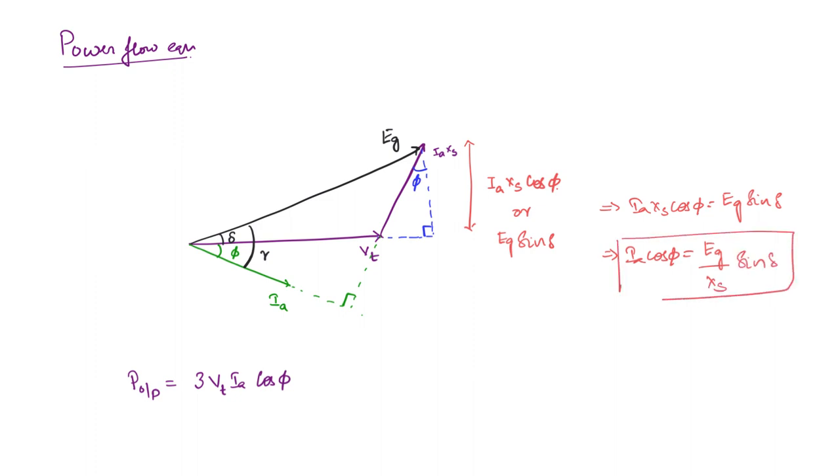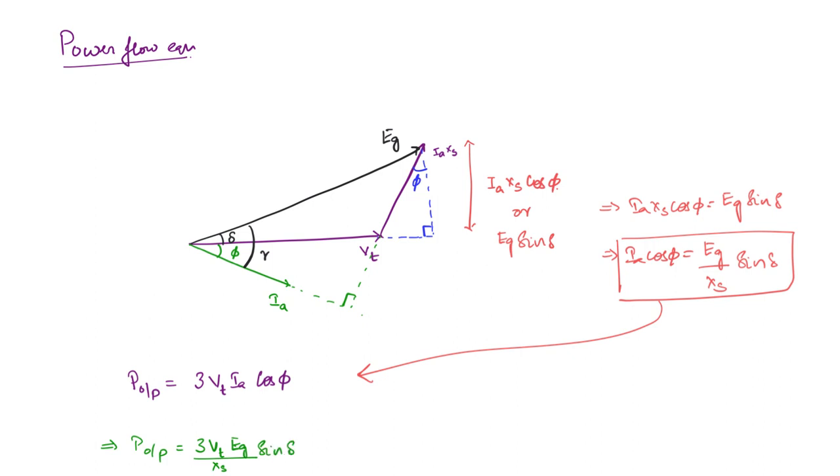So this is the expression that you will substitute in this equation. Okay, so instead of IA cos phi, you're going to write EG sine delta by XS. So then what are you going to get? This implies the output power is equal to 3 times Vt EG by XS into sine delta.